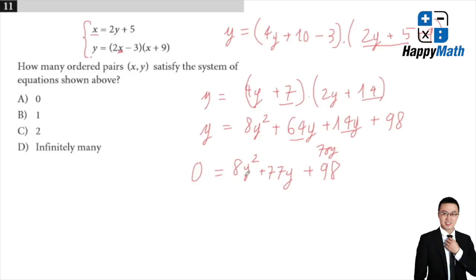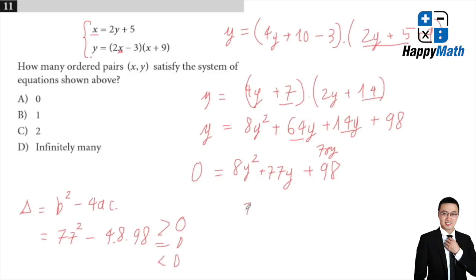If I want to find the number of solutions of the quadratic equation, I will use the discriminant, b squared minus 4ac. b squared is 77 squared, minus 4 times a times c, and you have to care about the sign of this expression: is it greater than 0, equal to 0, or less than 0?